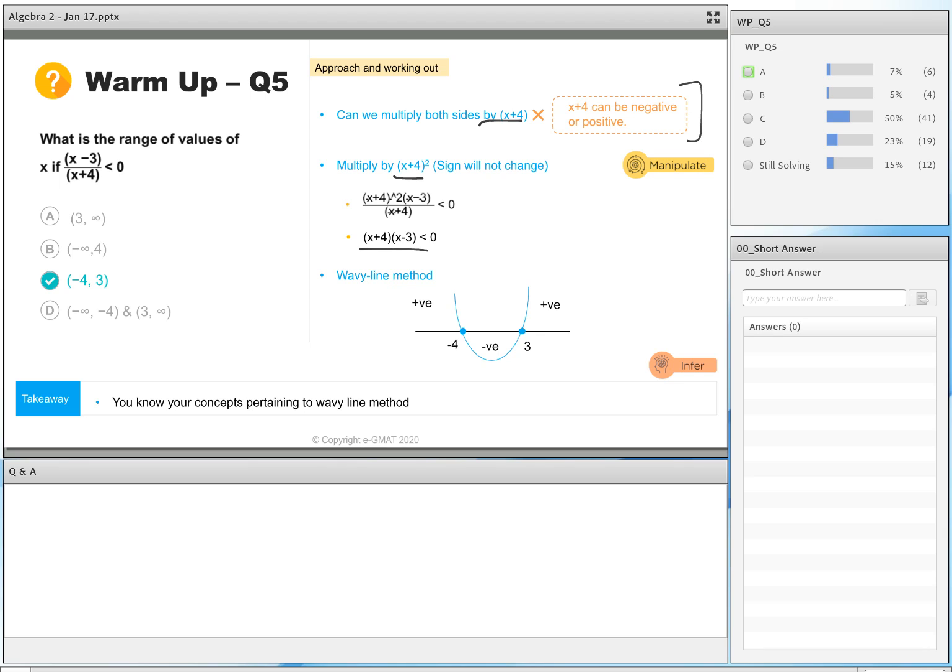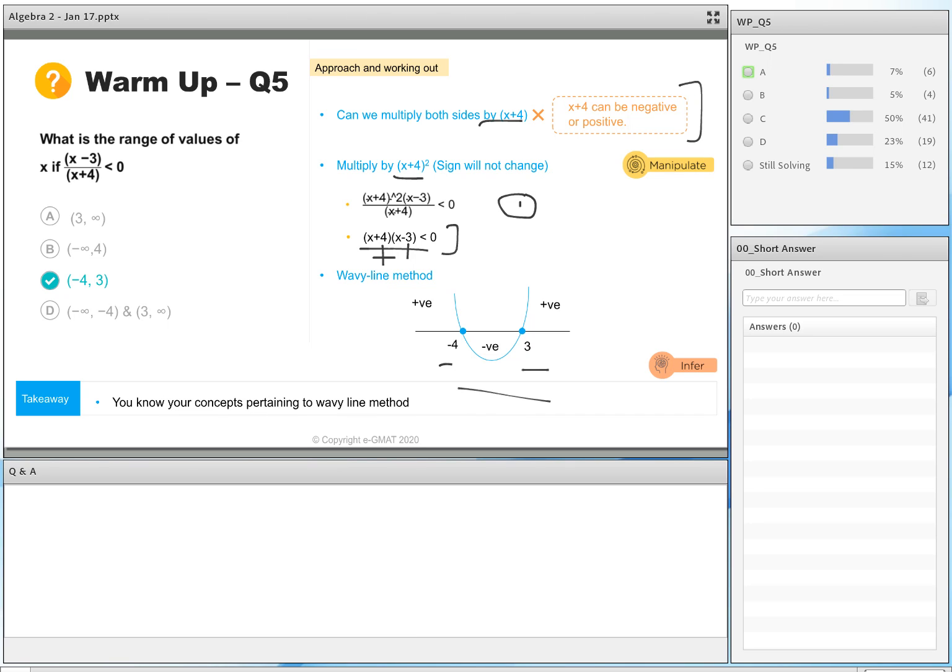Now, less than 0 again can be done with two processes. Process 1 is where you say that one number is positive, the other is negative. That would also work. The other way is the wavy line technique that we discussed. If we utilize the wavy line technique, what are the two roots of this expression, x plus 4 and x minus 3? The two roots are minus 4 and plus 3. We note them down on the number line.